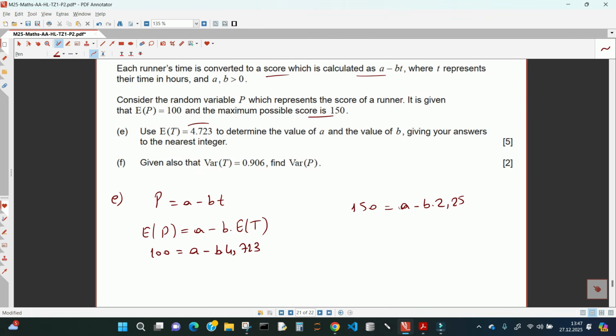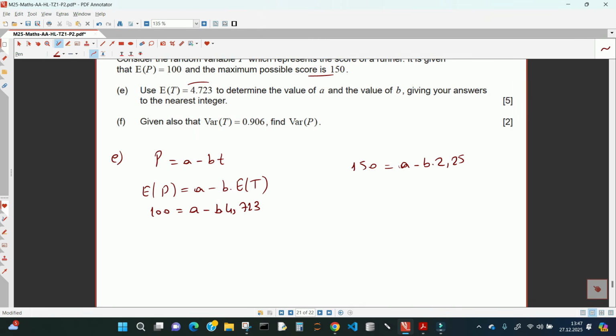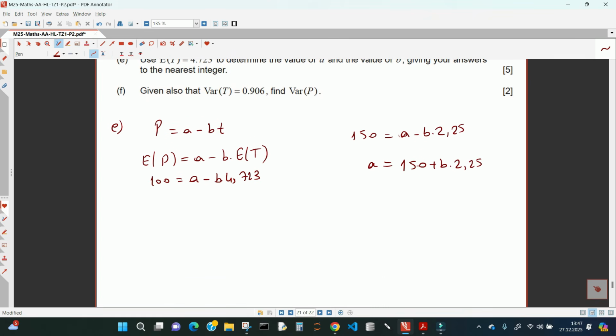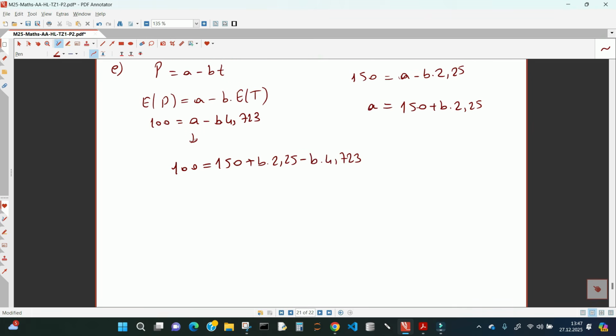In this case, I will find A and B from these both equations, right? So I can replace A with 150 plus B times 2.25 and I will plug in this value in here. Minus B times 4.723. In this case, 50 equals B times, let's subtract, 4.723 minus 2.25.